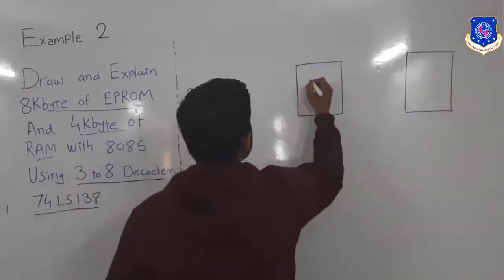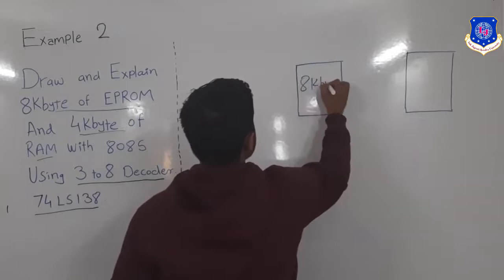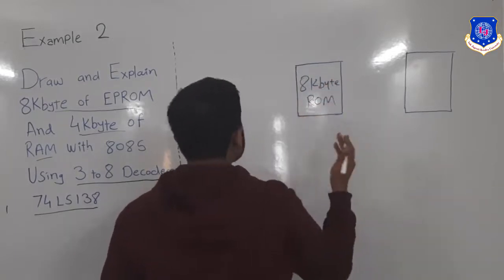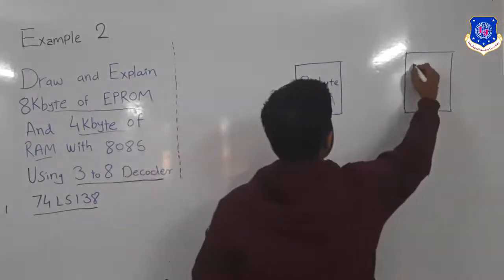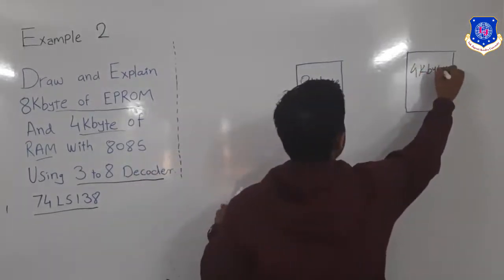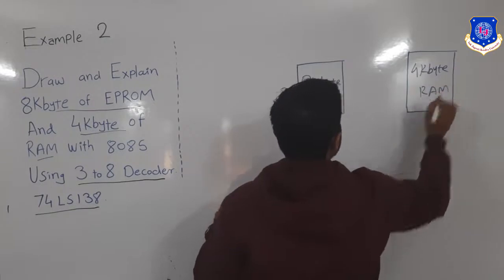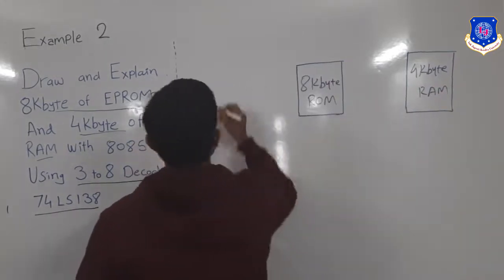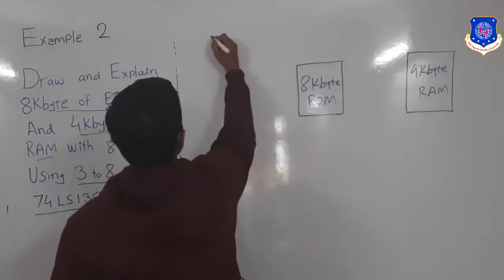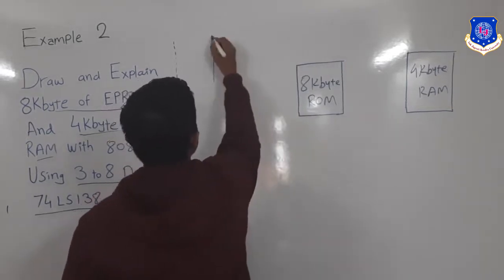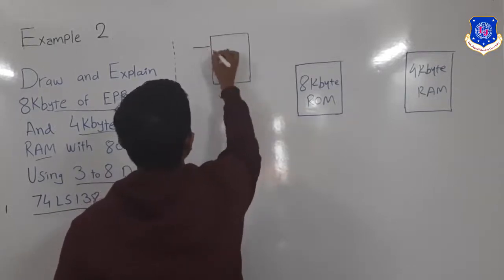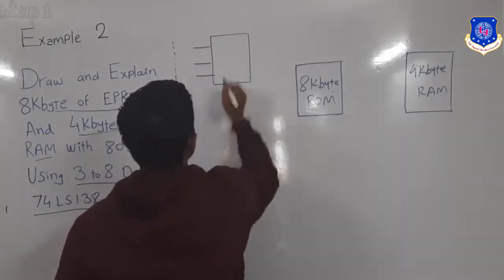The one memory is 8K byte of ROM. EEPROM is one type of ROM. And the other memory is 4K byte of RAM. And one more component which is also asked to be interfaced is the decoder. So let's draw the decoder. Now the decoder has three input pins.